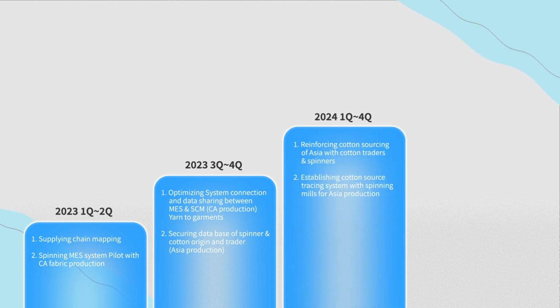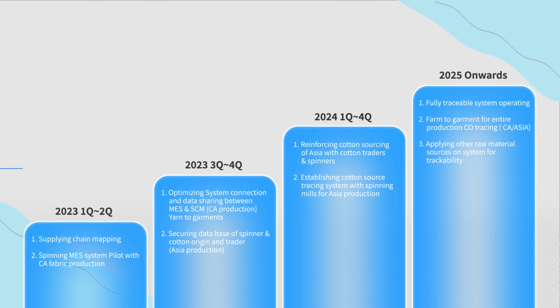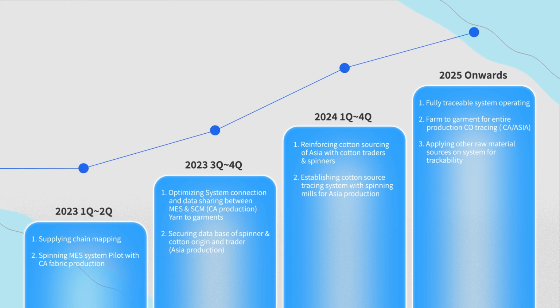In the next year, we are going to work together with cotton traders and spinners in Asia to strengthen Asian cotton sourcing with traceability by establishing a traceability system for tracking origins of cotton. In 2025 and onwards, we will work towards the long-term aspiration of building a fully traceable system for the products from farms to garments in all our countries in one platform, providing the origins of each raw material and whole mapping of the supply chain.